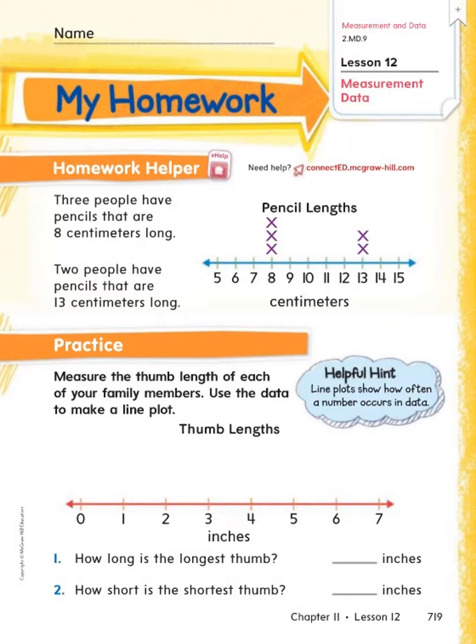And for the practice, it says, measure the thumb length of each of your family members. Use the data to make a line plot. Well, you don't have to go ahead and do that. I've got the numbers for you right there. Let's just say these are the thumb measurements of 4 family members. Okay, so plot those and answer the questions.